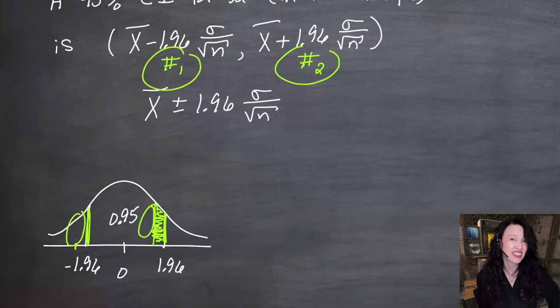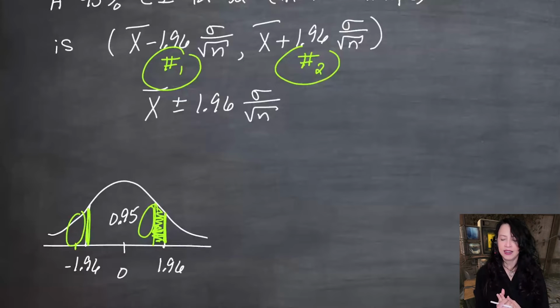That's okay. It's technically still a 95% confidence interval if you chose the numbers to capture the right area, but it would be nice to give the smallest interval. Why would you want to say a 95% confidence interval is from here to here when you can say it's from here to here and just have more precision? So I chose the area to be in the middle of the curve, and I hope that makes sense to you, that that would give us the smallest confidence interval.